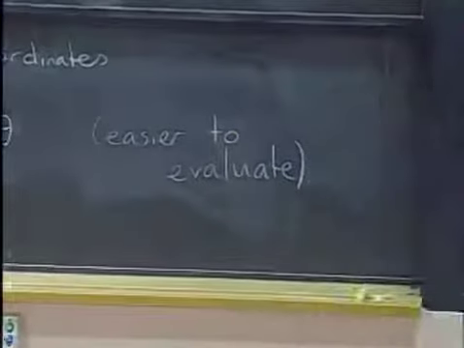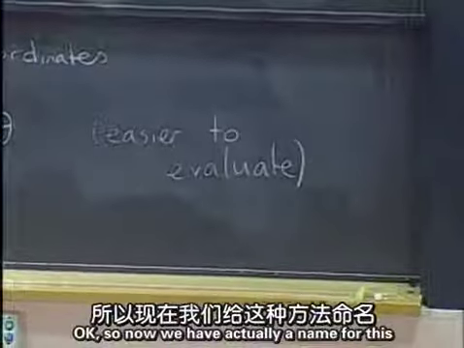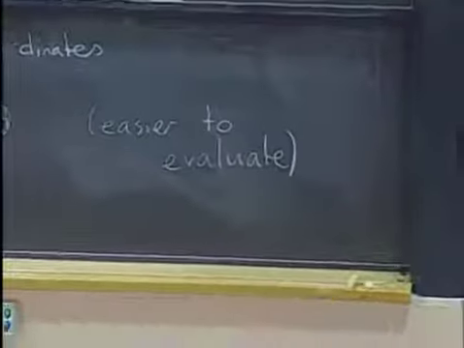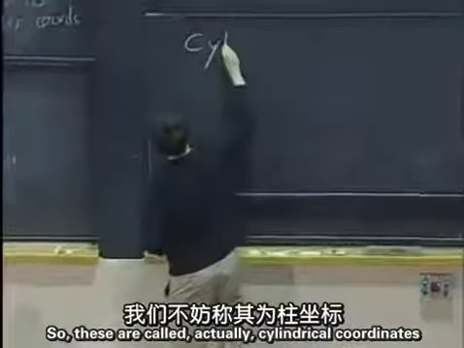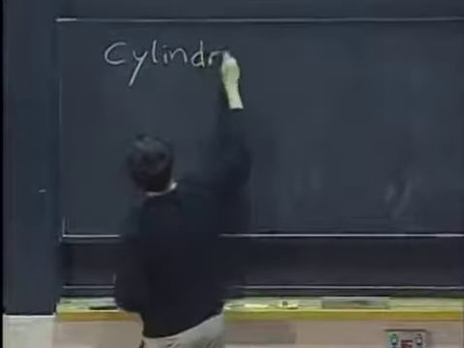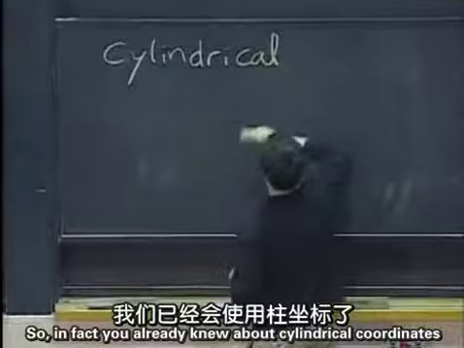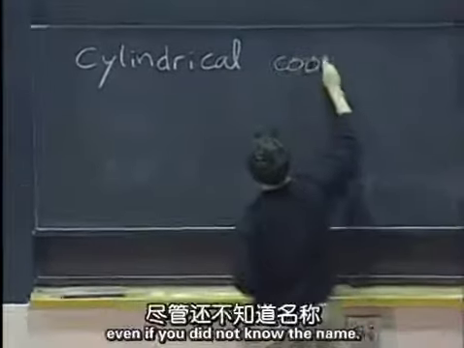Okay. So now we have actually a name for this because we're doing it in space. These are called cylindrical coordinates. So in fact, you already knew about cylindrical coordinates, even if you didn't know the name.